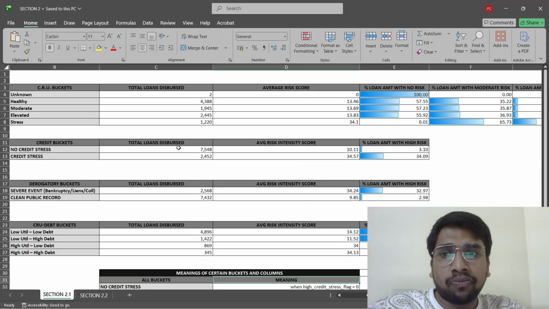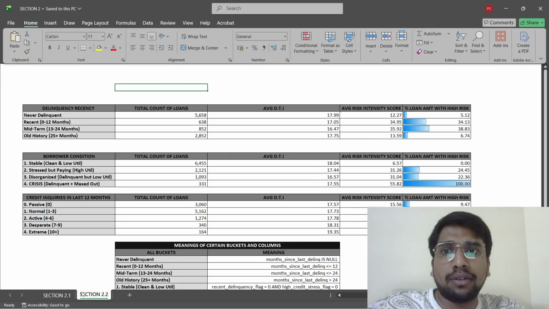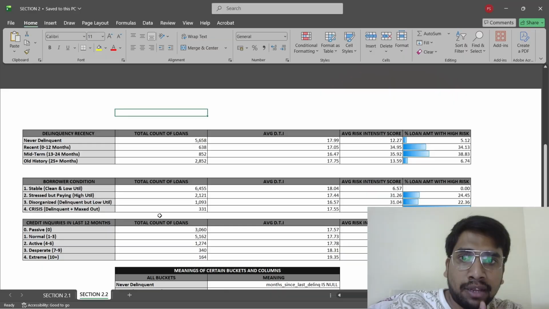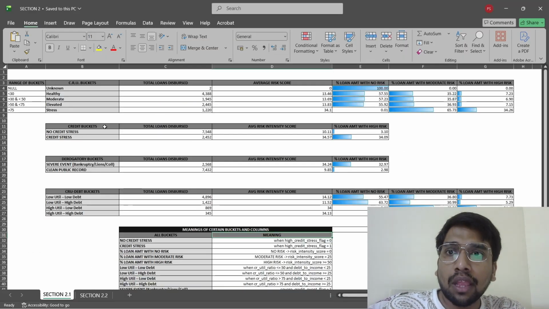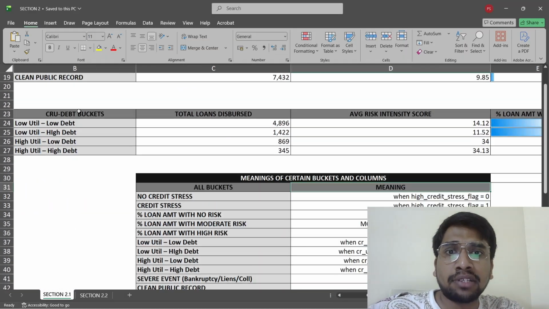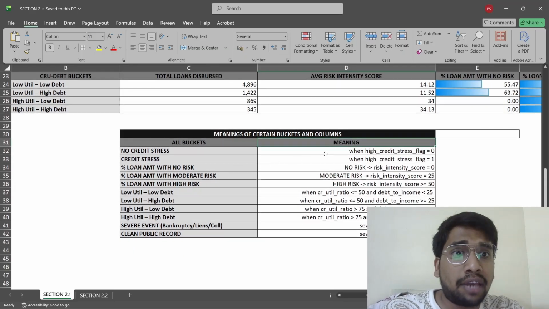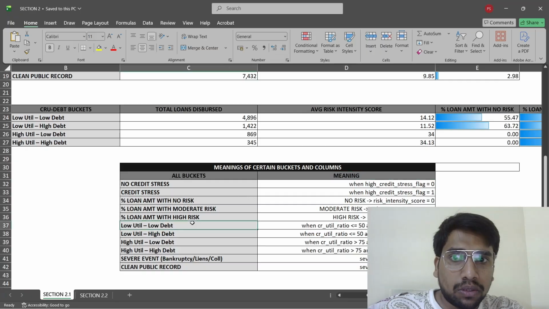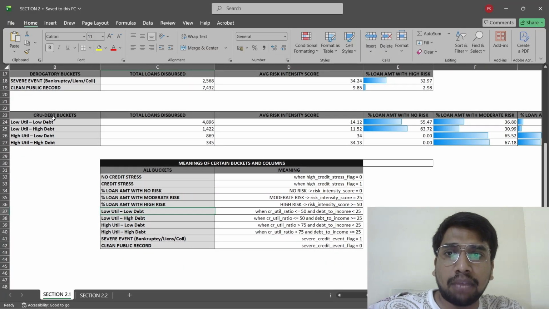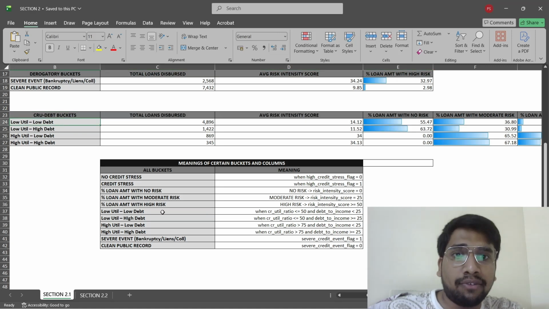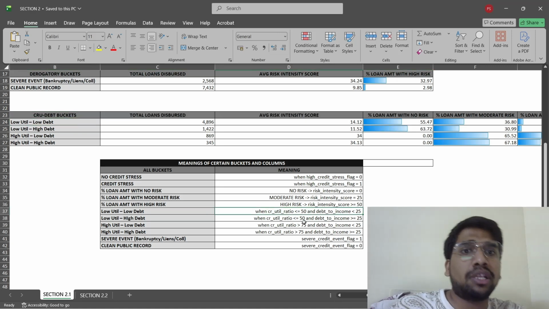Coming to section 2, I had to make different subsections to have a better understanding. Here I have made some CRU buckets and I have explained these CRU buckets. For example, if we see this table, the CRU debt bucket ones, we have low util low debt, which means that the credit utilization ratio is less than 50 and debt to income is less than 25.